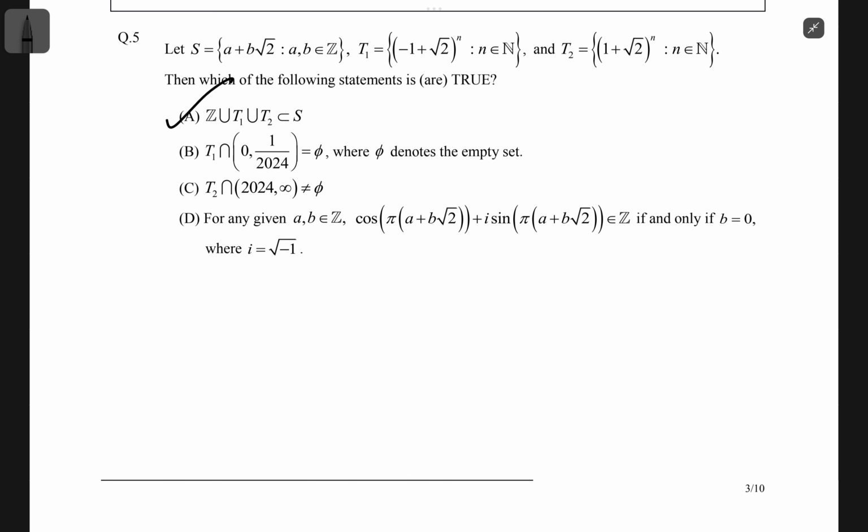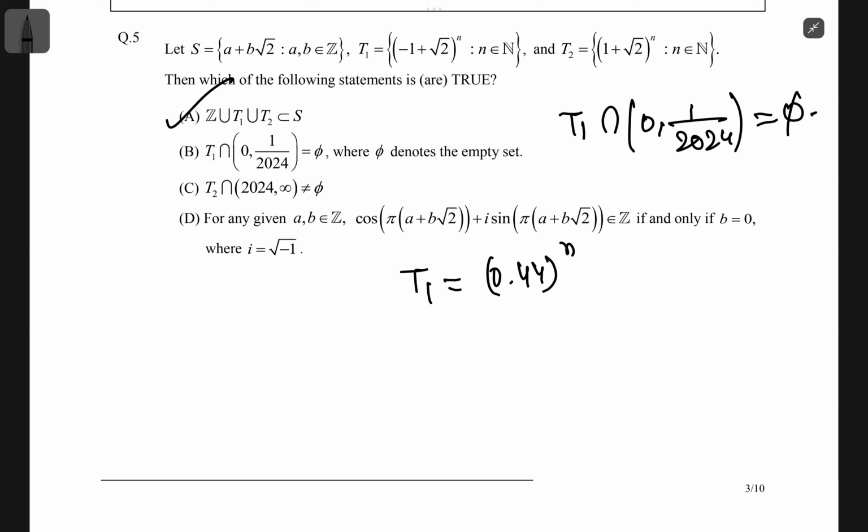Okay, what about b? It's saying T1 intersection 0 to 1 by 2024 does not have any elements. If you look at root 2 minus 1, it's going to be something like 0.44 power n, and n is any integer.